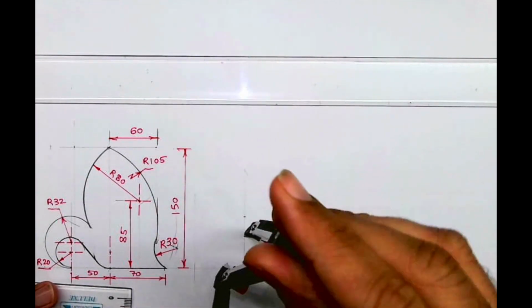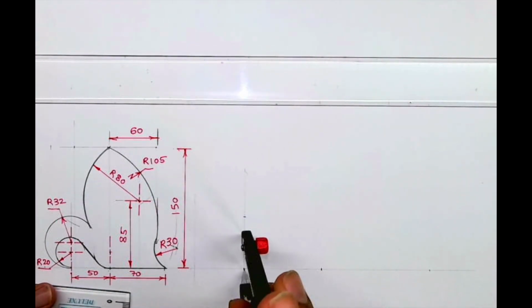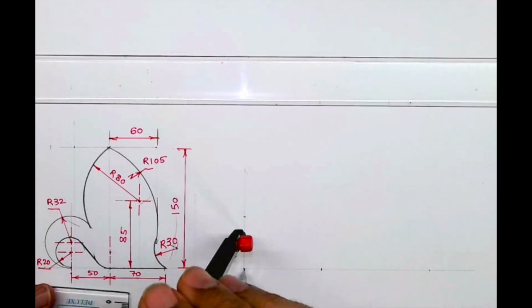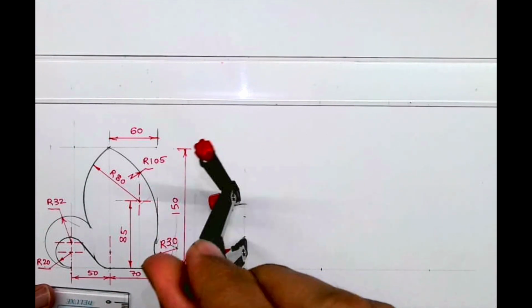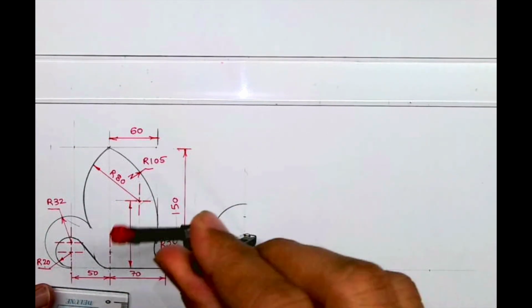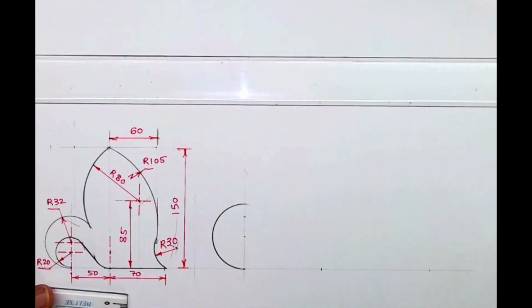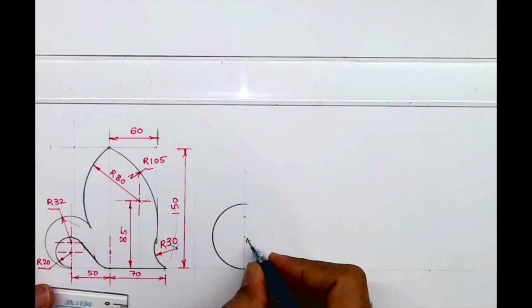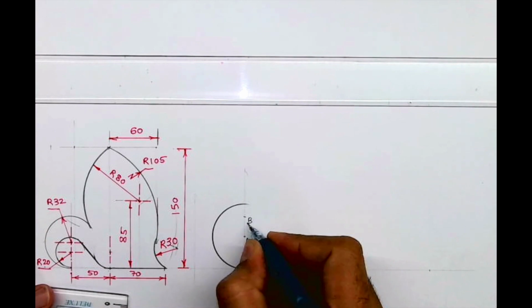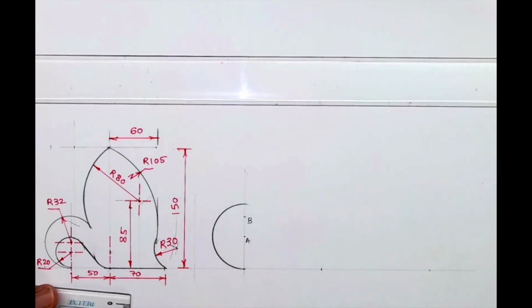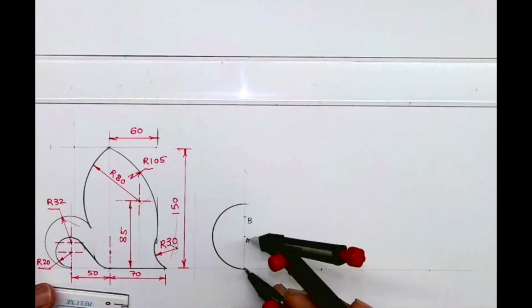So from here you take radius 20. Let's say this is point A and this is point B. From B we'll take radius 32.